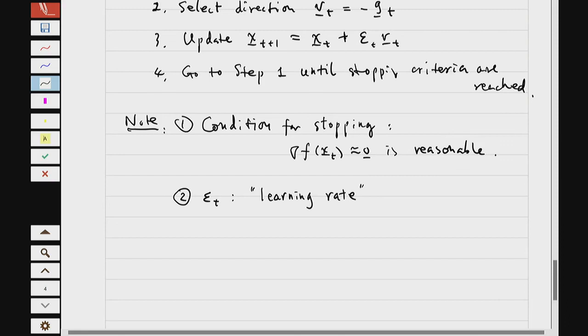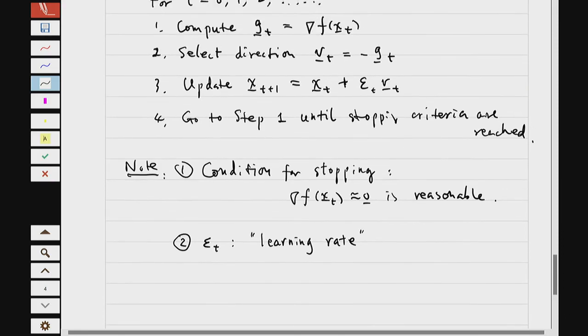It is a learning rate in the sense that you're multiplying this epsilon to the gradient. Where do you get the gradient from? Well, we'll see next time when we go back to machine learning that this gradient you learn from your data. So you learn the gradient from the data, and then you say, how much do I want to account for this new knowledge from my data?